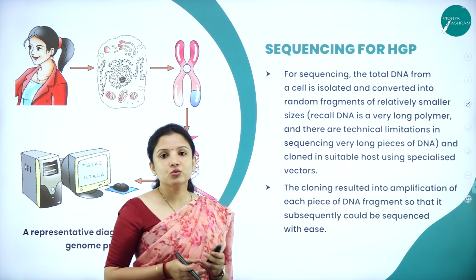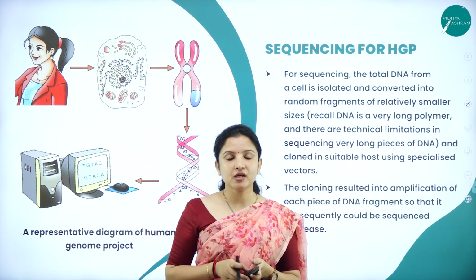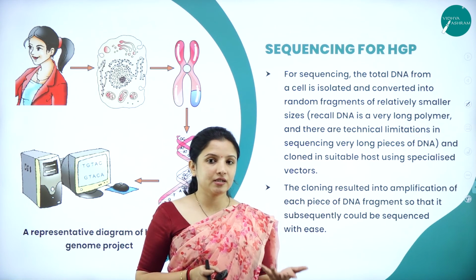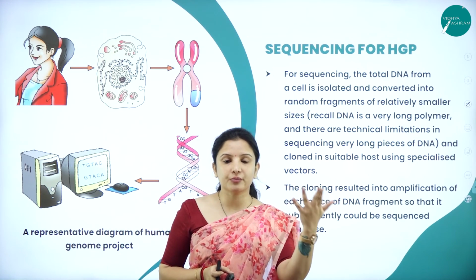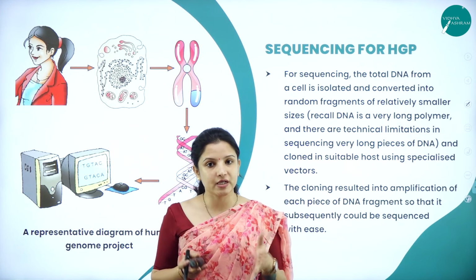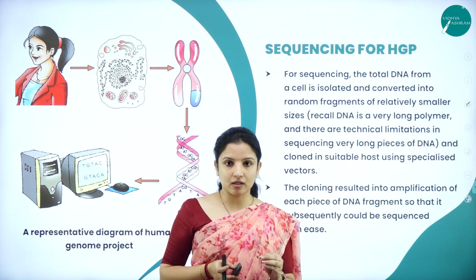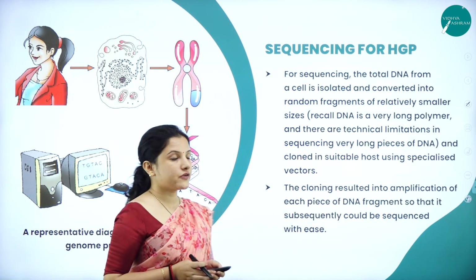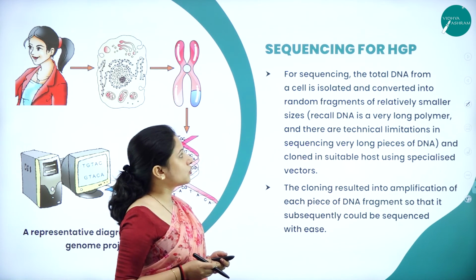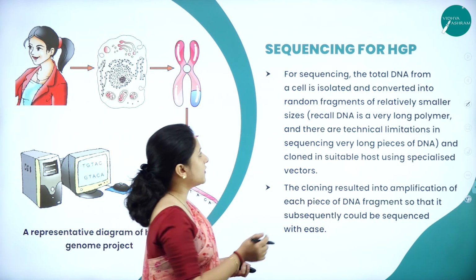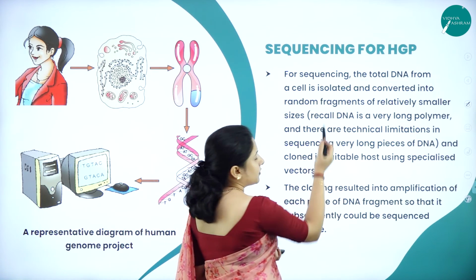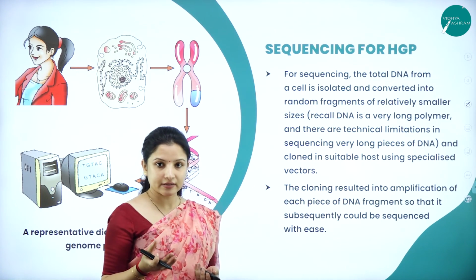Next, how did they do the sequencing for HGP? We learned that they did the sequencing of 3 × 10^9 base pairs of DNA. And how exactly was the sequencing done? What methodology was followed? We shall look into it. For sequencing the total DNA from a cell, how exactly does the sequencing have to be done?